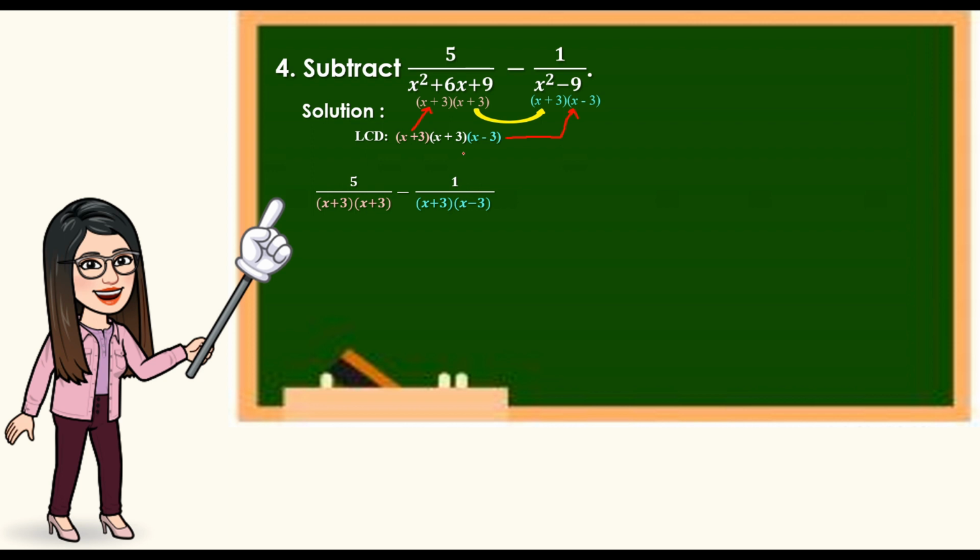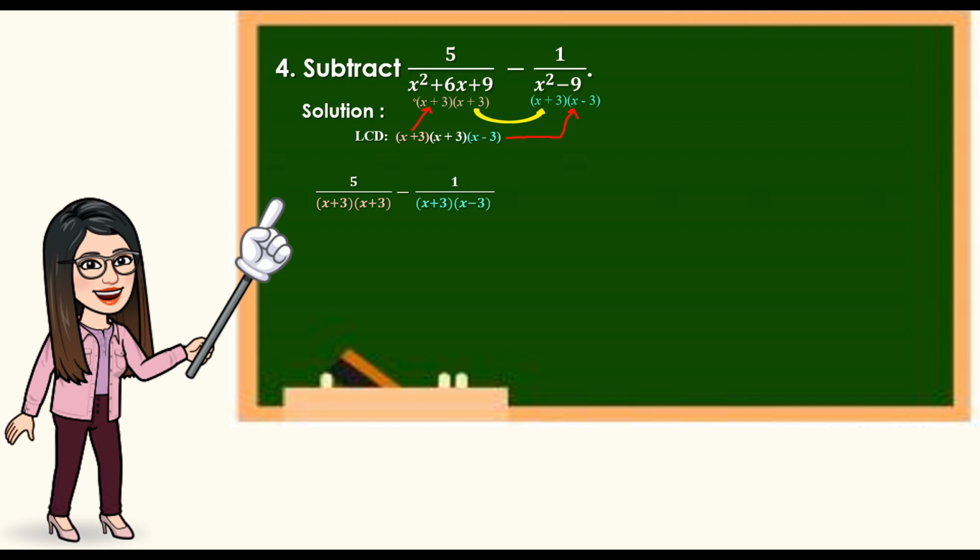So we have 5 all over the quantity of x plus 3 times the quantity of x plus 3 minus 1 all over the quantity of x plus 3 times the quantity of x minus 3. Again, instead of writing x squared plus 6x plus 9, what I wrote here is the factors of x squared plus 6x plus 9, which is the quantity of x plus 3 times the quantity of x plus 3.